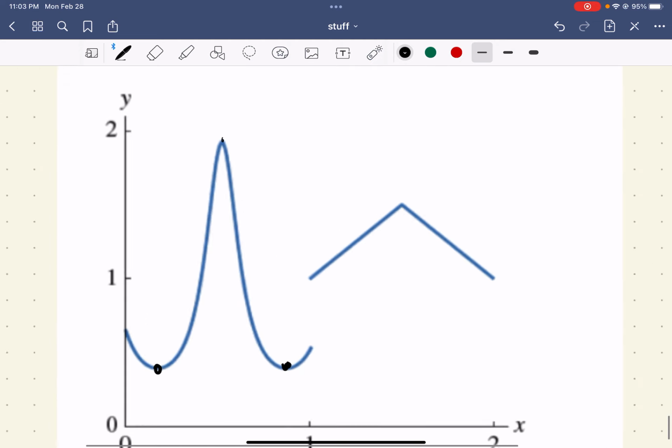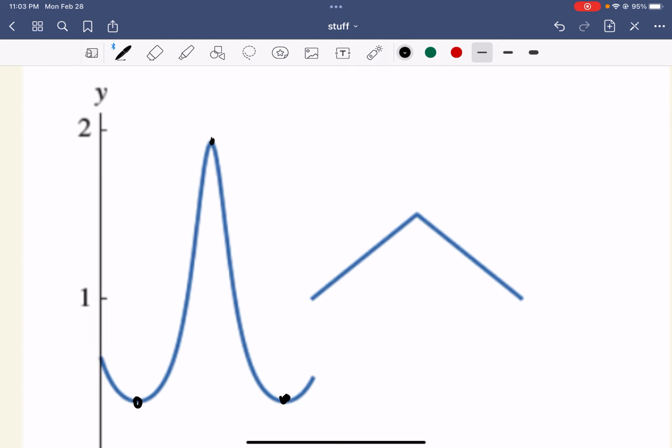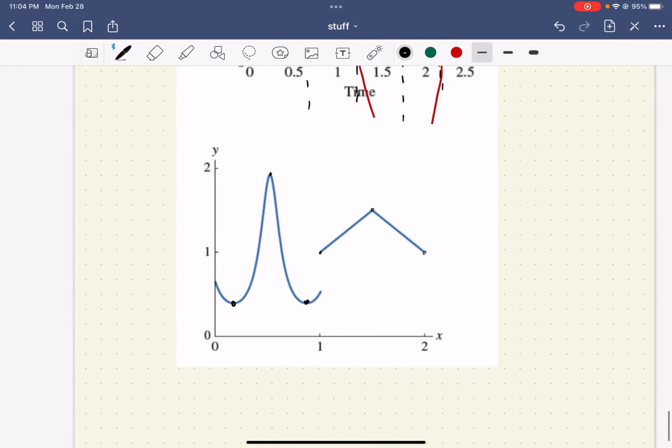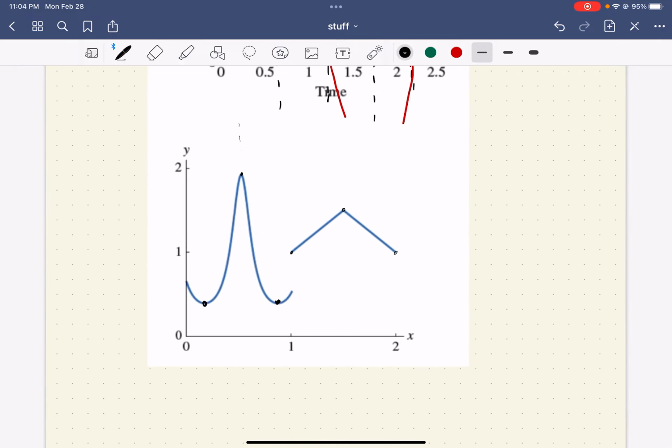So let's go back here. We identify the critical points. Those are the spots where the slopes are 0 or undefined, because it behaves differently from the right to the left. But also we do care about genuine jumps. So these are some things we're going to care about. These are all the x values that I care about, so let me go ahead and mark off all these x values.